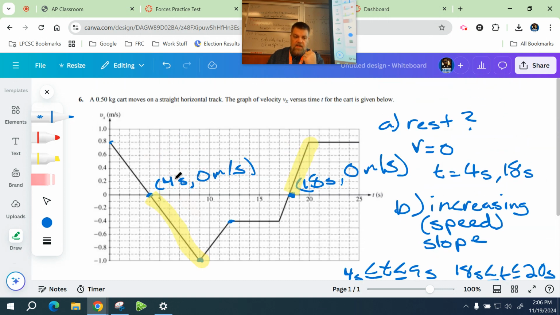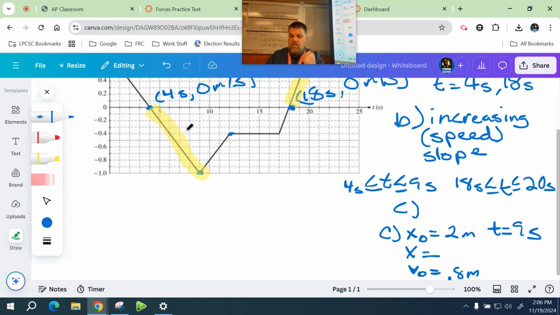I'm getting that from here because that's what the velocity is at 0 seconds. And then the final velocity at 9 seconds is -1 meters per second.